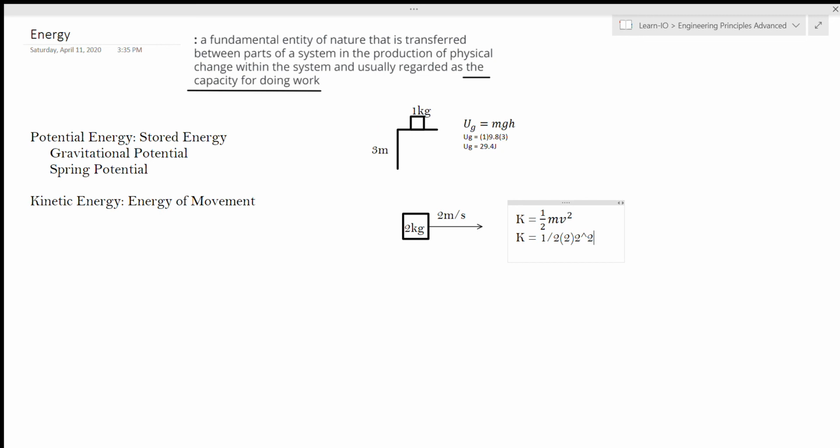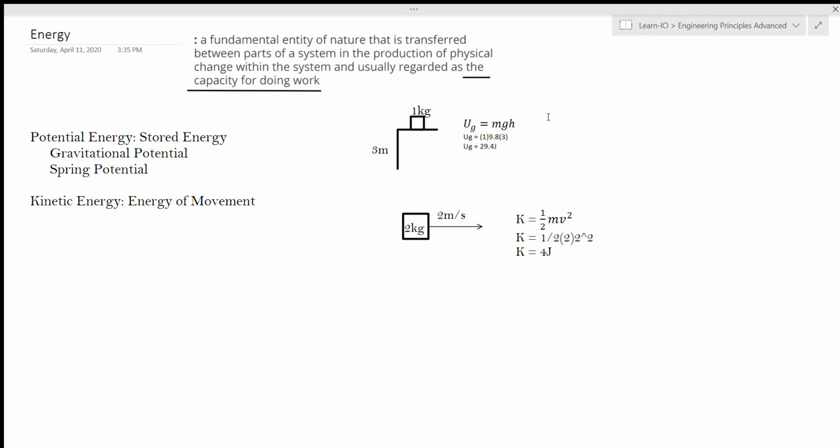So we can then go to our calculator, plug that in, and 0.5 times 2 times 2 squared gives us a kinetic energy of 4 joules if we did everything correctly. And so that right there is how much kinetic energy this box has. So if it crashed into another box and transferred all of its energy, it would be doing 4 joules of work on the other box.